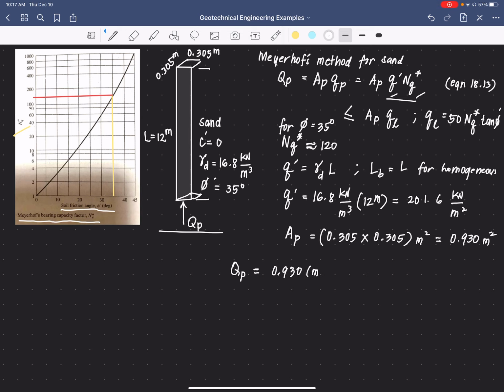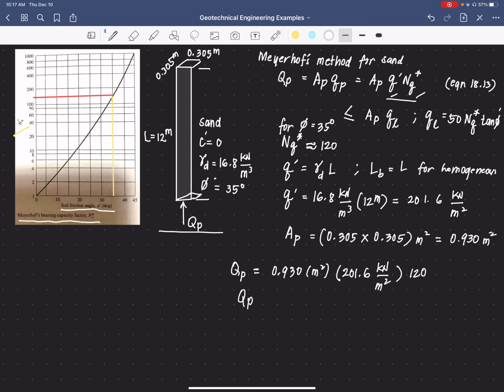So this is 0.093 square meter multiplied by Q prime, 201.6 kilonewton per square meter, multiplied by the bearing capacity factor of 120.